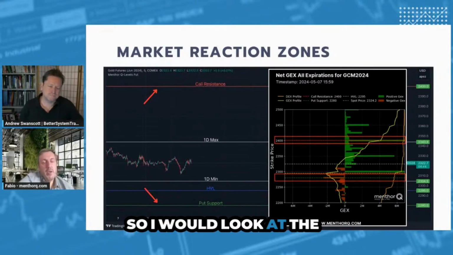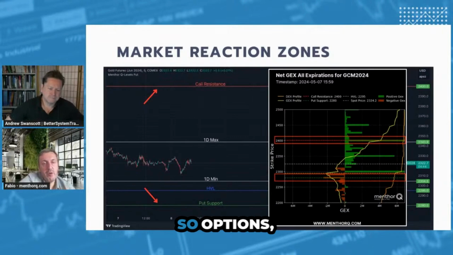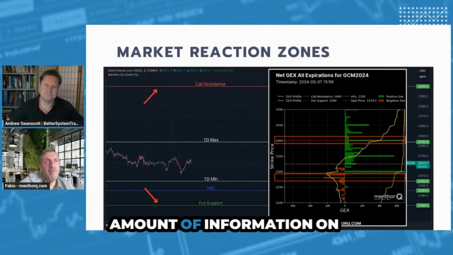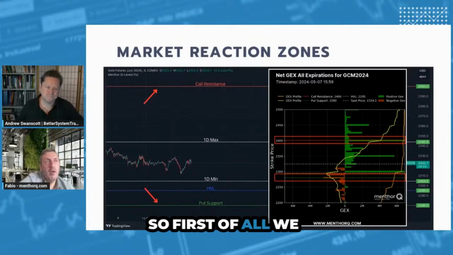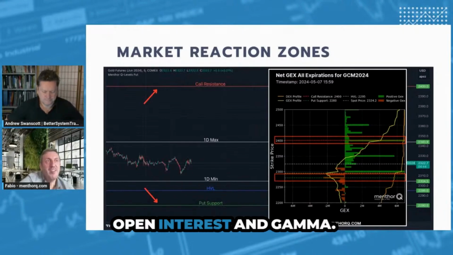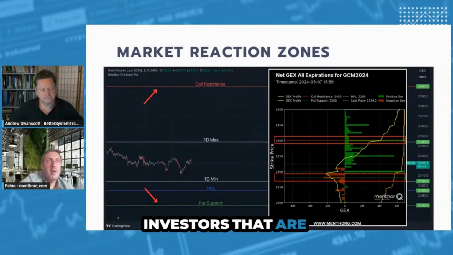But I would look at the options data as a sentiment indicator from the market, right? Options data provides an immense amount of information on where participants are moving. First of all, we can understand from this chart which are the strike prices with the highest open interest and gamma. Knowing those strike prices can tell us there are a lot of investors buying out of the money calls, in this case at the $2,400 level.